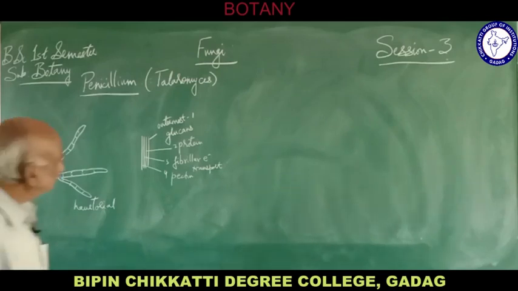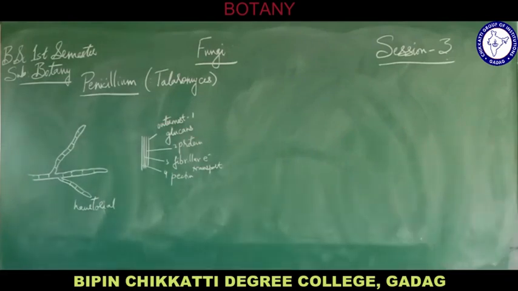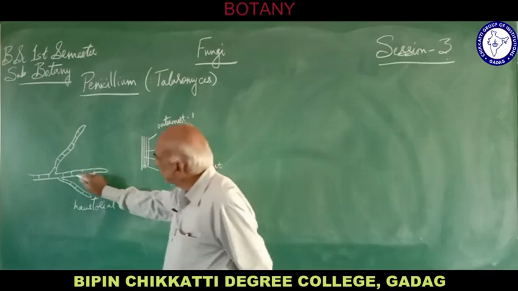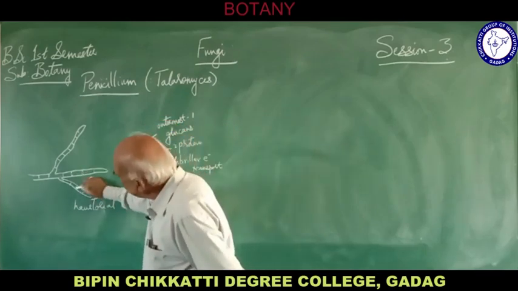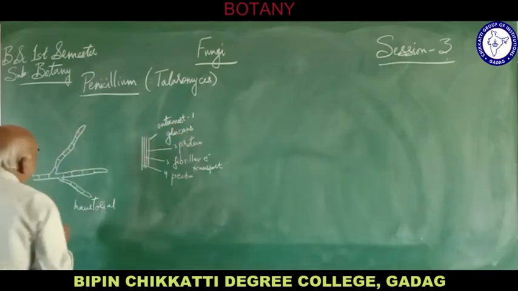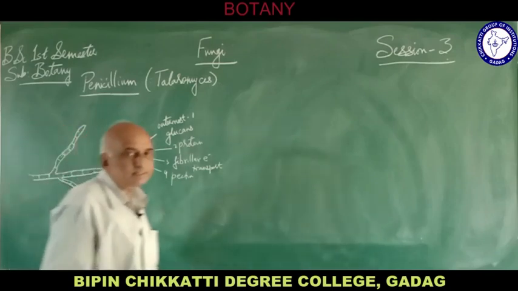Now in the next part of the chapter, the cells, I said, may be uninucleate or binucleate, or sometimes there may be 3 nuclei also. It is because of the movement. 3 nuclei is possible whenever a nucleus from this cell and this cell enters into a single cell.